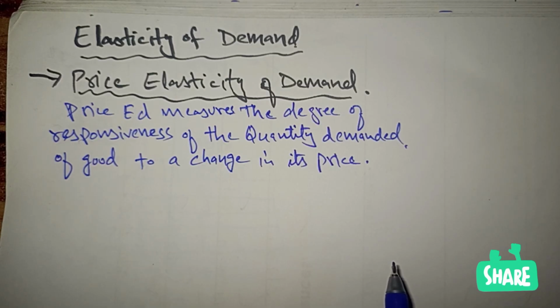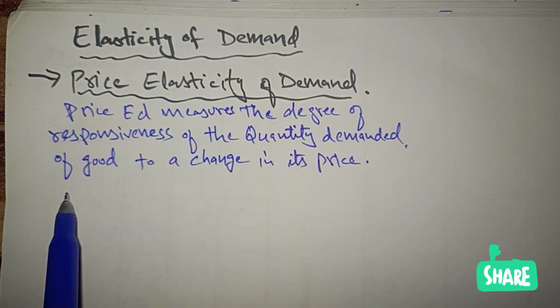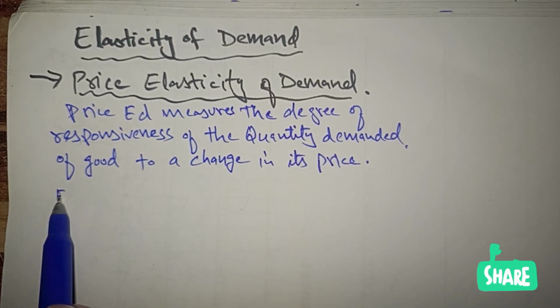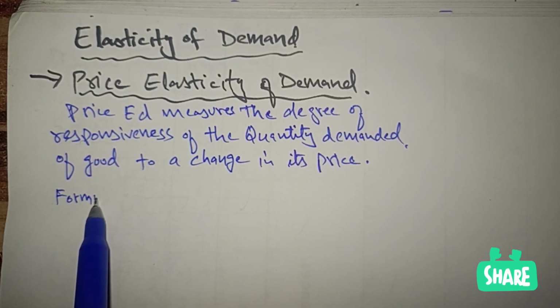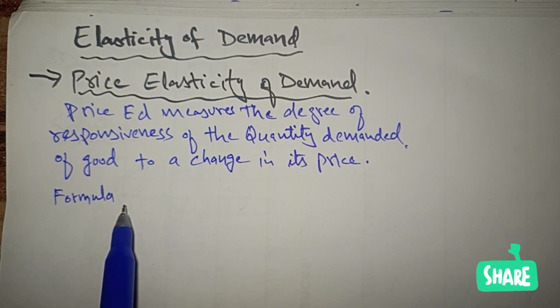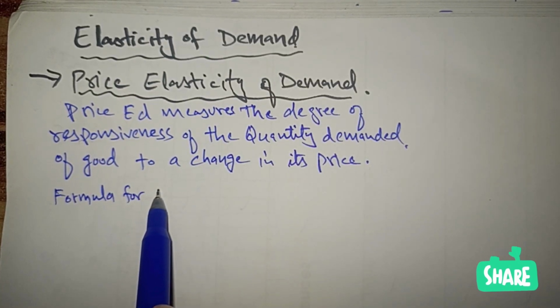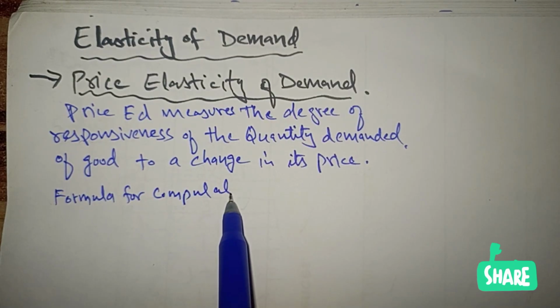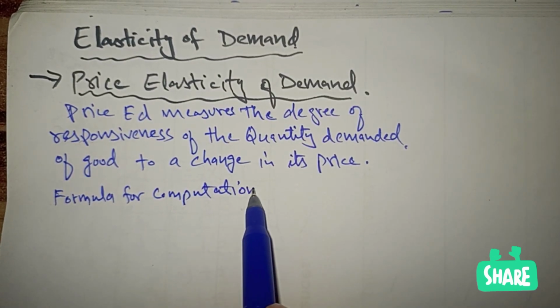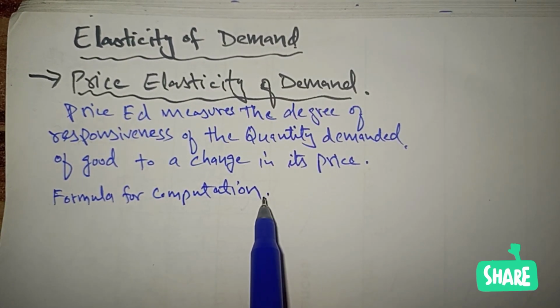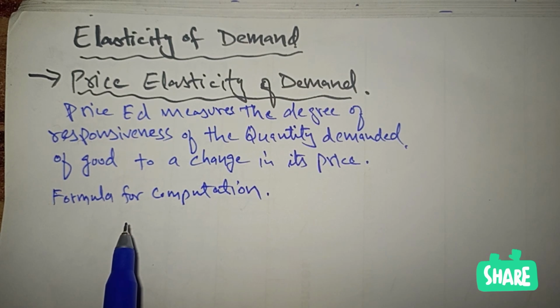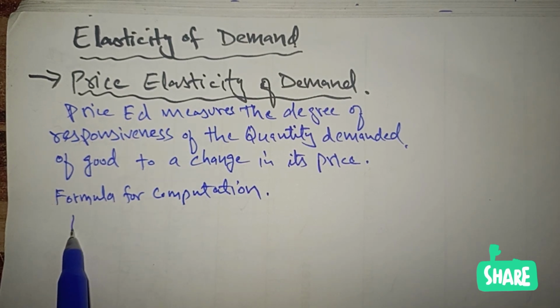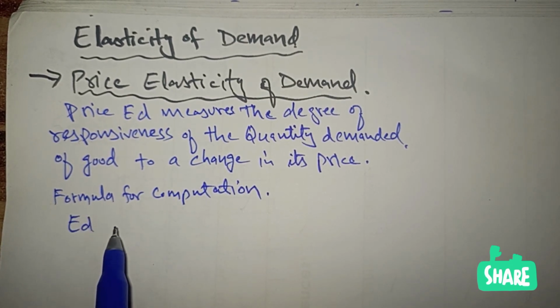Now we study what is price elasticity of demand. Price elasticity of demand measures the degree of responsiveness of the quantity demanded of a good to a change in its price.